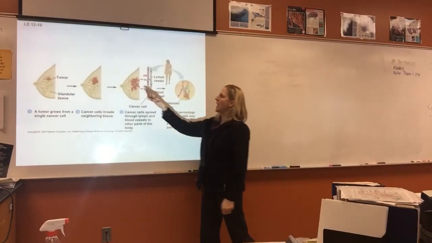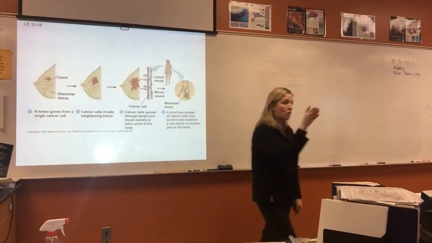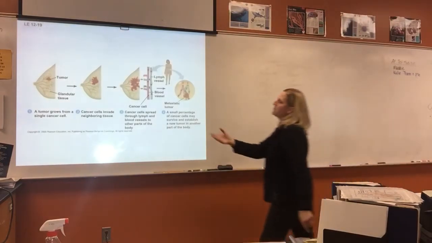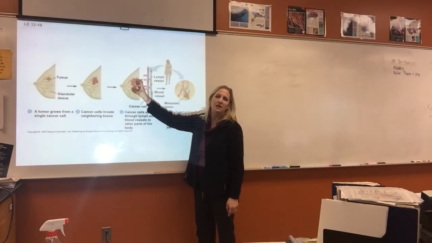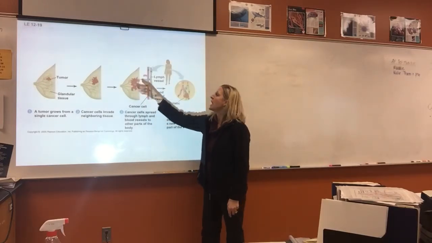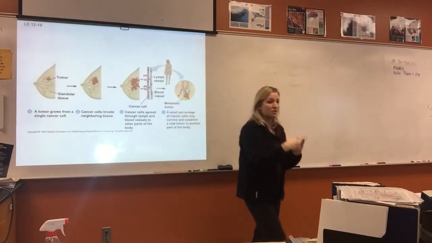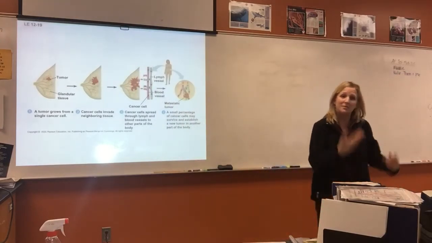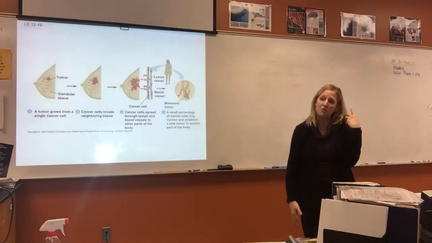And so then what happens is, remember that cancer cells don't adhere to the anchorage dependence thing. And so then the cancer cells can break off. You can have a cancer cell that detaches itself from the tumor and can diffuse into either the bloodstream or the lymphatic system. And both of those systems have those vessels, remember, that go all throughout the body.